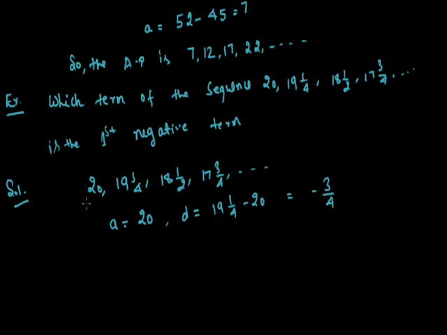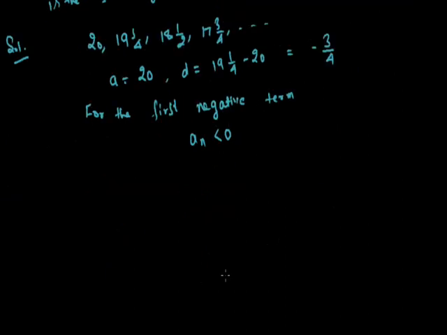Now for the first negative term, let's suppose the first negative term is the nth term. So for the first negative term, the nth term will be less than 0. An is less than 0, or we can say a plus n minus 1 multiplied by d is less than 0.